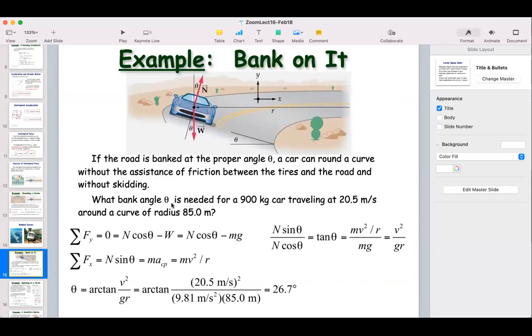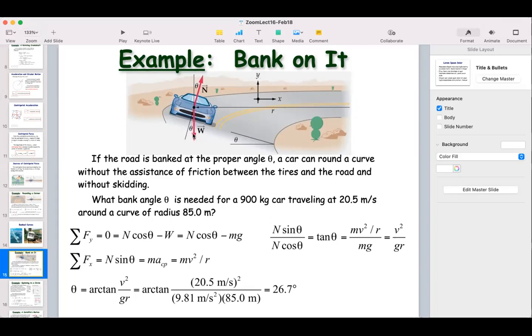What bank angle theta is needed for a 900 kilogram car traveling at 20.5 meters per second around a curve of radius 85 meters?